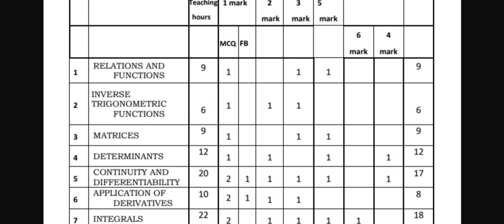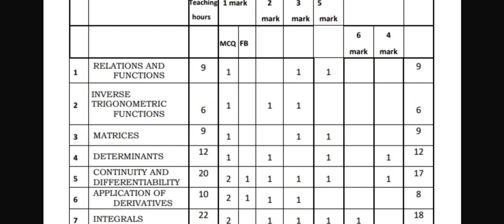And there is one important 5 marks question that will be asked from the matrices. The question is based on the properties of the matrices. The properties are addition property, then associative law, commutative law, and for multiplication.